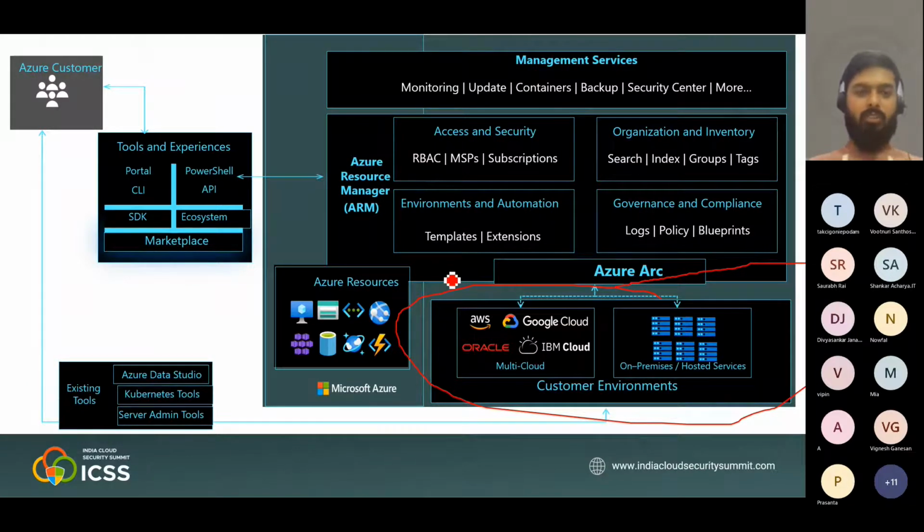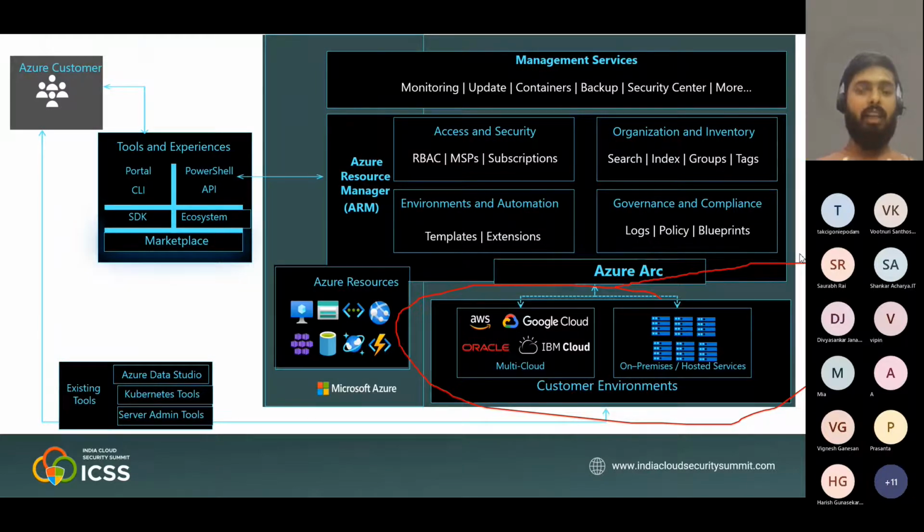Any operation that you are performing, any services that you are spinning up, is using the underlying Azure Resource Manager to fulfill the infrastructure and services that you are provisioning. So when you put Azure Arc on top of your own environment or your other cloud environments, it gives you the ability to integrate with a lot of services in terms of security and access control.